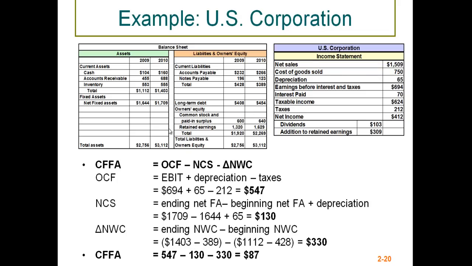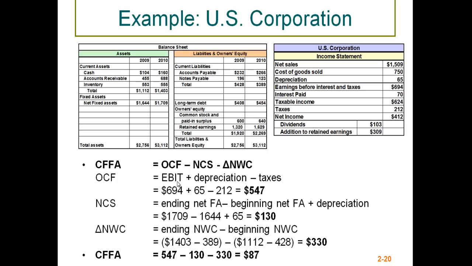And then similarly, in 2009 we had $1,112 in current assets, and we subtract out the 2009 current liabilities of $428. So that gives us our beginning net working capital, and you subtract one from the other and you get $330.